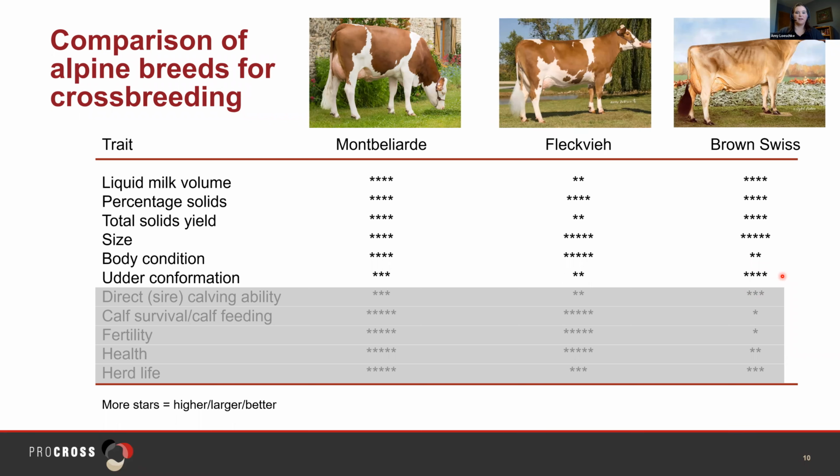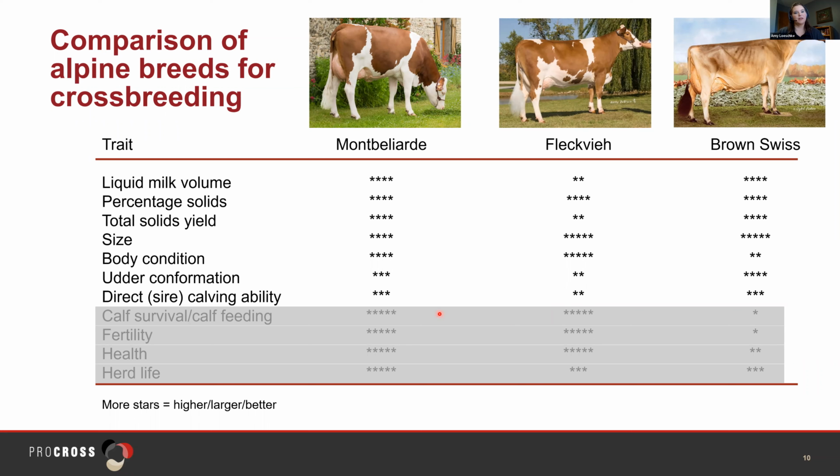They've selected for that. Montbelliard has selected heavily too for udder conformation, and they are acceptable in that area and have improved a lot as a pure breed over recent years. Fleckvieh, not so much. They put a little bit less emphasis on udder and more into other traits in their program.